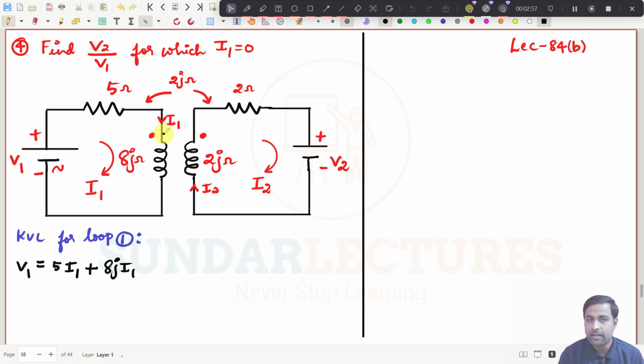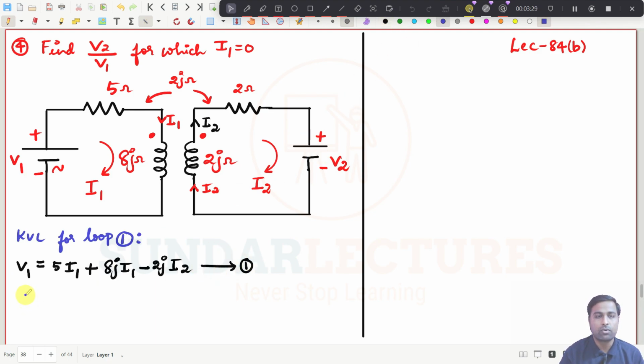Here the current I1 is entering through the dot, and in the second coil, which is mutually coupled, the current I2 is leaving the dot. So I have to put minus 2j, and the current in the second coil is I2. No other components are connected. So this is equation number 1.